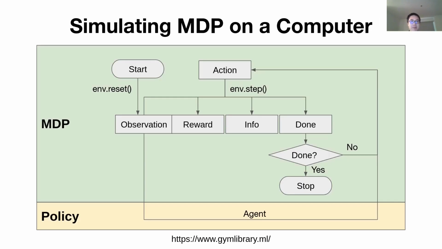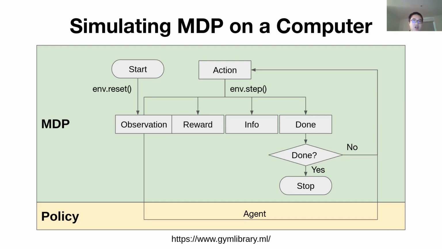To simulate an MDP on a computer, people in the community often use the OpenAI Gym interface. In this interface, we will call reset to initialize the environment and get the first observation. Next, we run the policy to get an action.